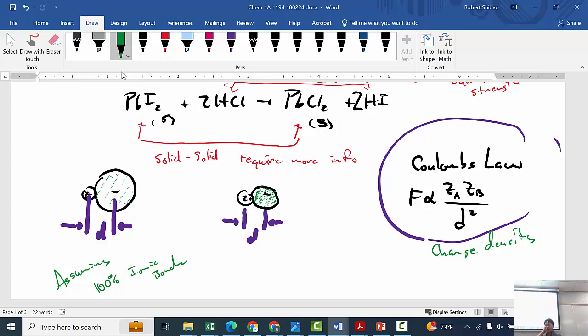But with heavy metals like this, there's a certain percentage of covalent interaction there. Furthermore, we have to look at other interactions. Because once we break these ions apart, these ions have to be accommodated by water molecules.